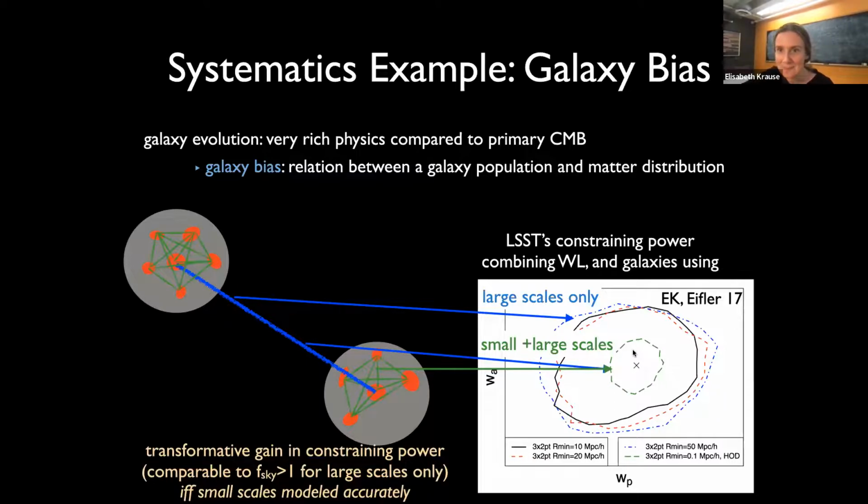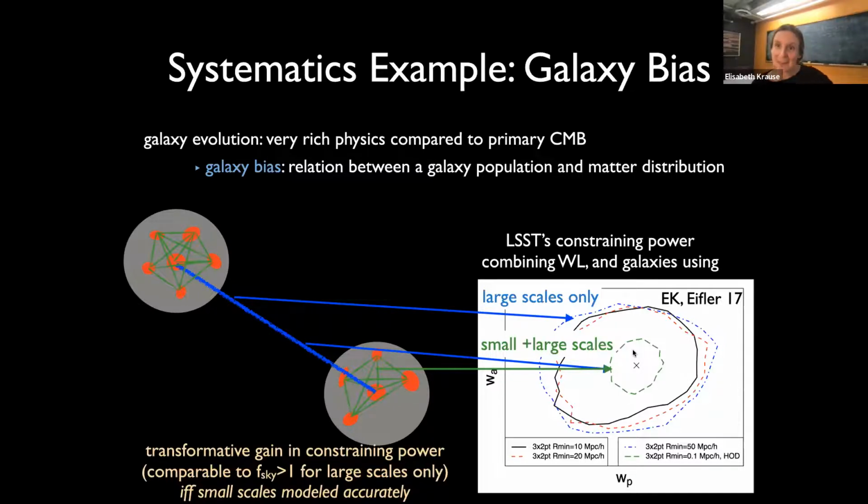That is an improvement in figure of merit by about a factor of 4, which would correspond to an almost f_sky equals 2 survey for large scales only. And I'd argue that obtaining 2 independent skies is far more futuristic than accurately modeling the small scale galaxy distribution.